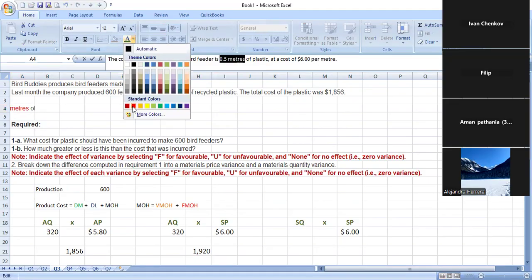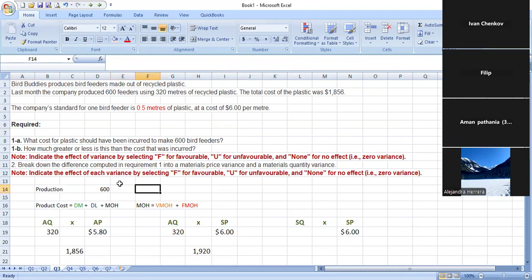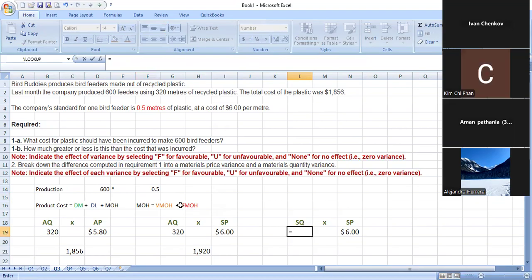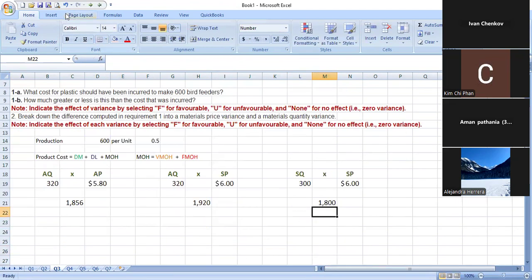Let's highlight it with red so we can see it. 0.5 meters times 600 is going to give me 300 meters, 0.5 per unit. So our number here will be 300 times $6.